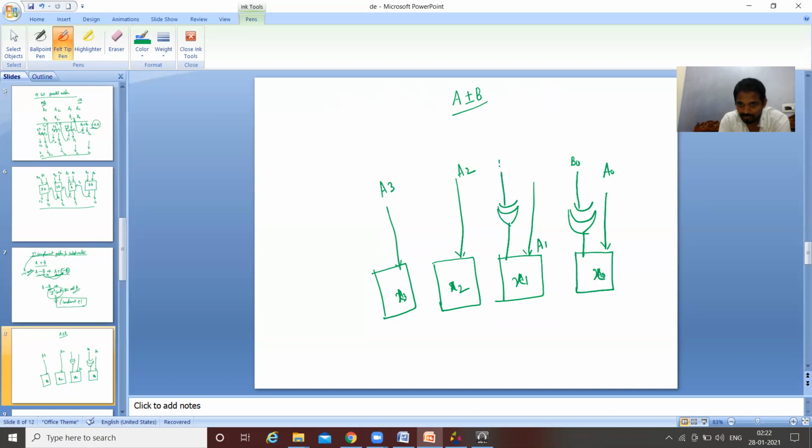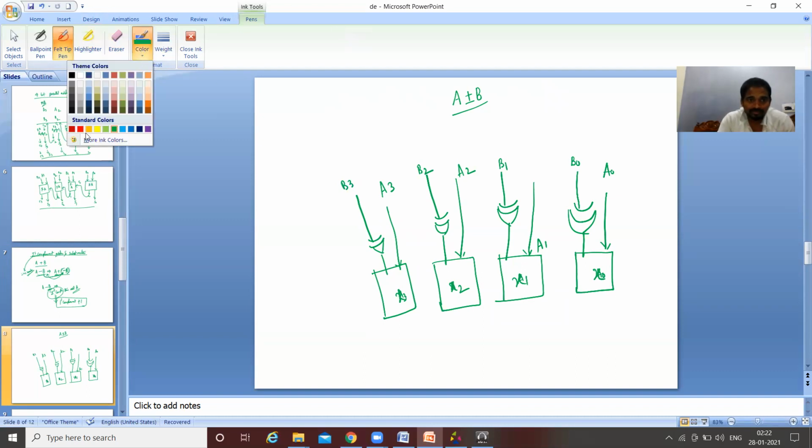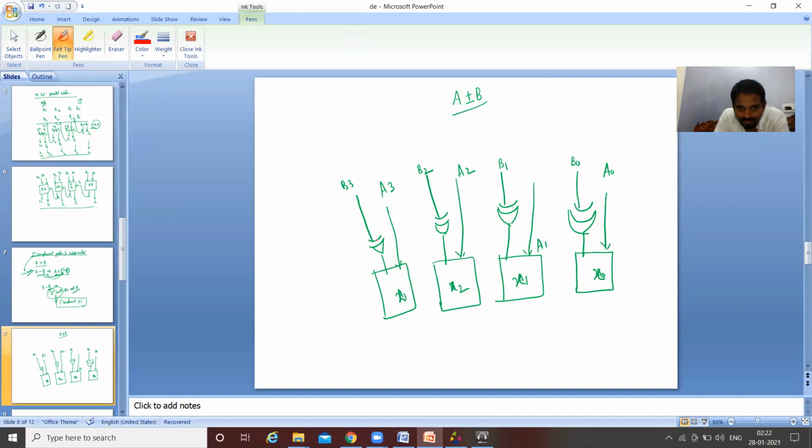And this is B1, another exclusive OR gate output is B2, another exclusive OR gate output is B3. Now, what is the other input? Combine all these as the other input of the exclusive OR gates.